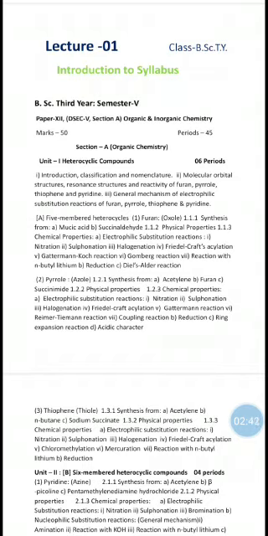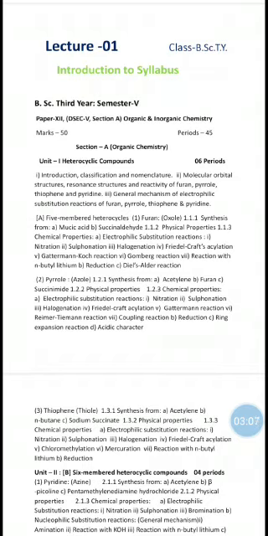In the organic chemistry section, the first unit is heterocyclic compounds. Now you know what is meant by heterocyclic compounds.